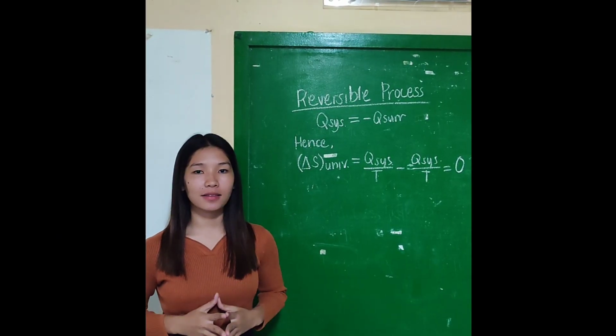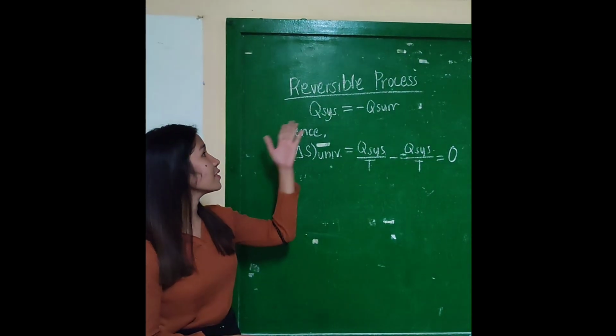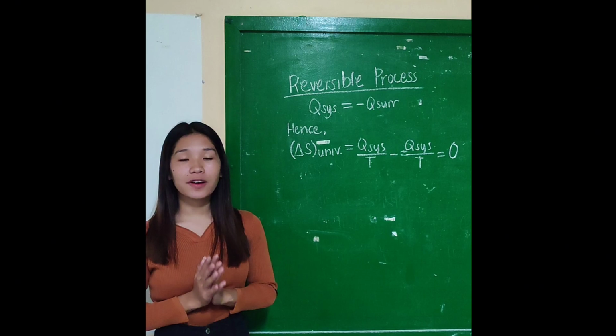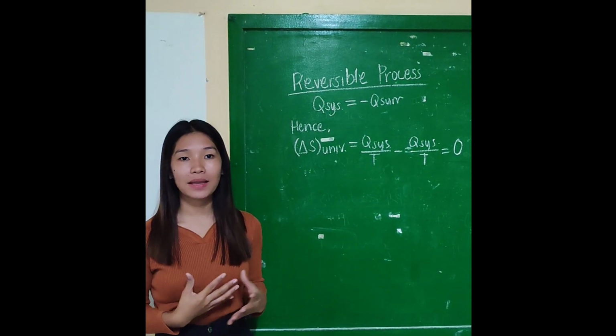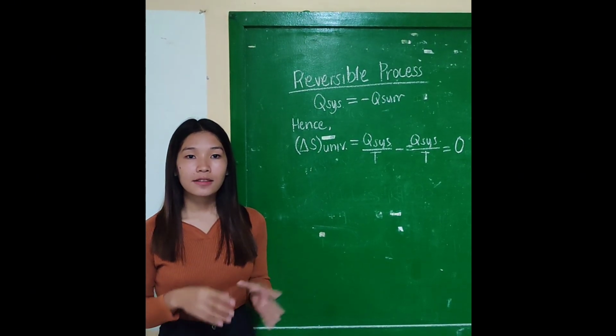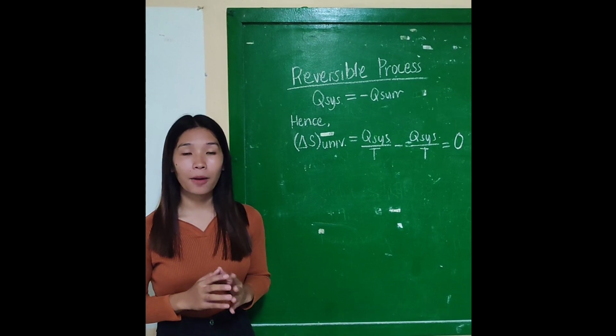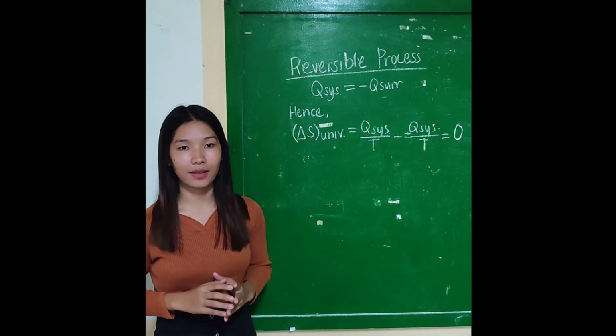There are two processes in the second law of thermodynamics. First is the reversible process. For a reversible, isothermal process, the heat lost by the system is equal to the heat gained by the surroundings. Similarly, the heat gained by the system is equal to the heat lost by the surroundings.